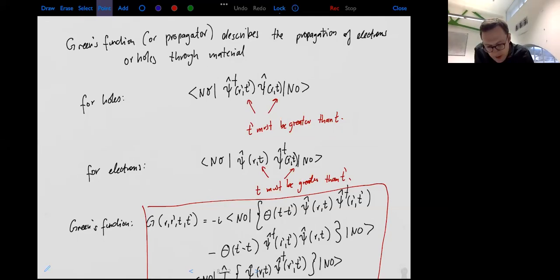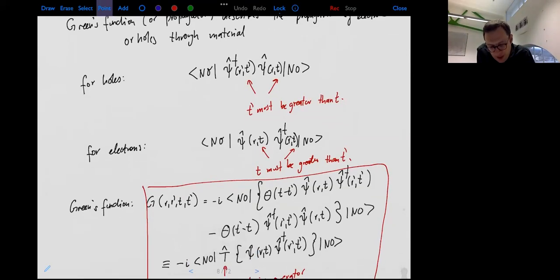So you see here, we, for example, start with the ground state, then we remove an electron at a position r and time t, and add it back in at a later time t prime and at a different position r prime. So what this quantity measures is how the hole propagates through the material. And similarly, we can look at how an electron propagates.